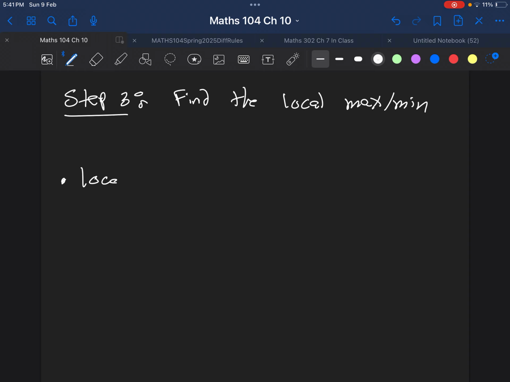So, the local maximum is at x equal to 1. We call this the maximizer.